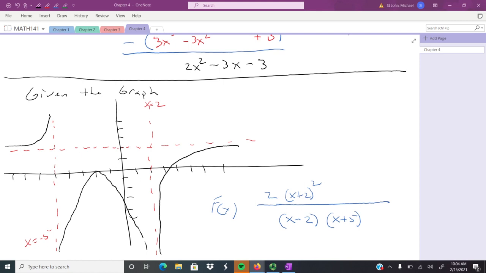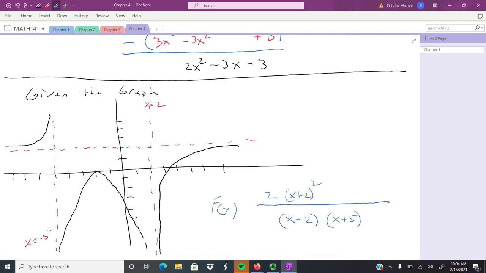So we want to see now, are we getting close to what we want? All right. So we need to sort of make this match. So we need this to have, we're going to have an x minus 5 term up here. Maybe.